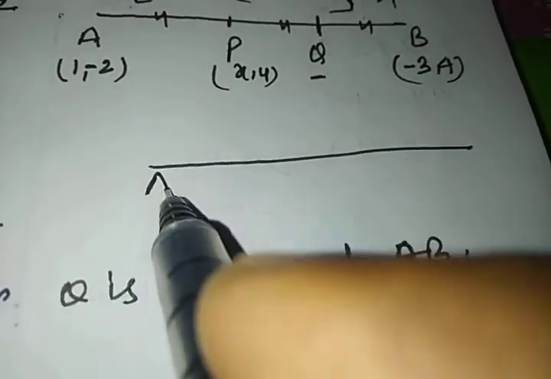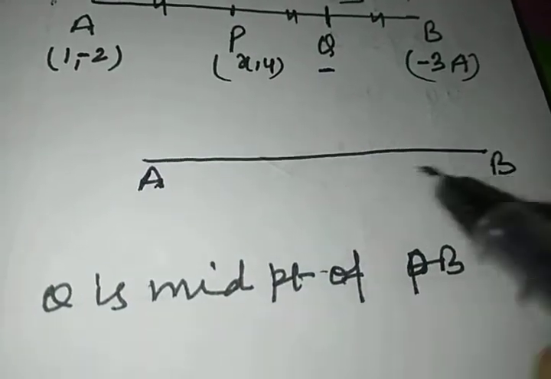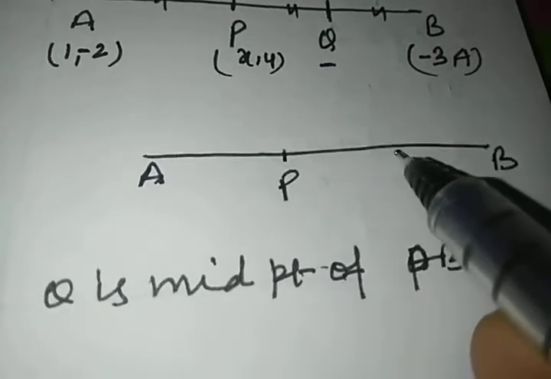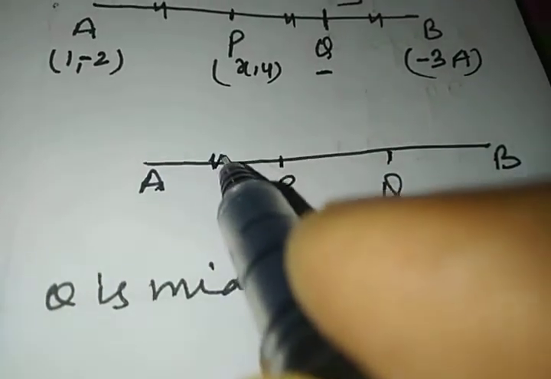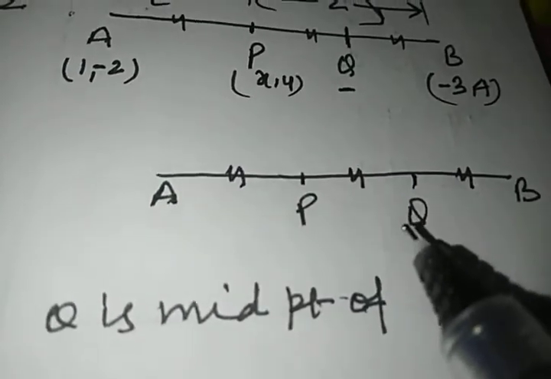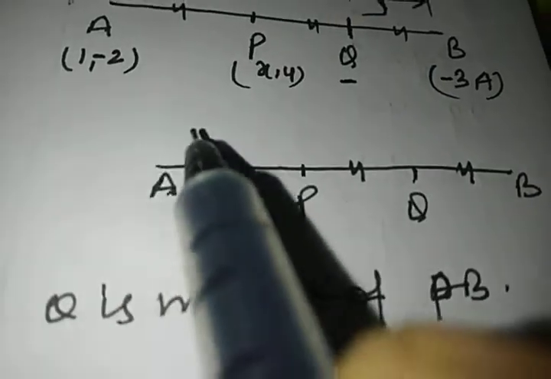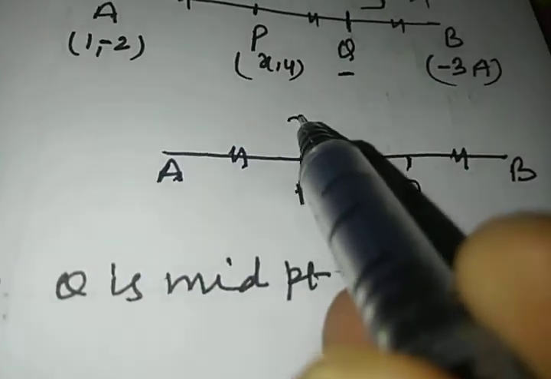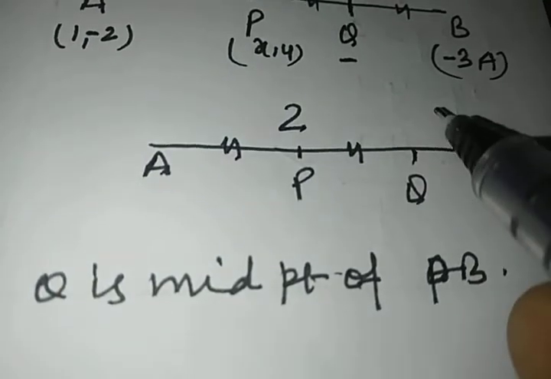If I draw a line here, this is your A, this is B, this was your P, and this was your Q. So this is equal to this one, equal to this one. If we want to find Q, on the left side of Q two sections are there, so the ratio will be 2, and after Q one section is there, so the ratio will be 1. So this can be done by taking Q(x', y'), A and B, where A and B you know and the ratio is given. So we can find Q. This is one aspect of this question.